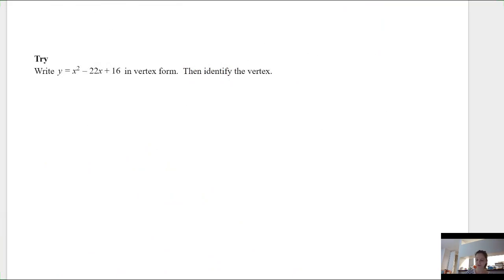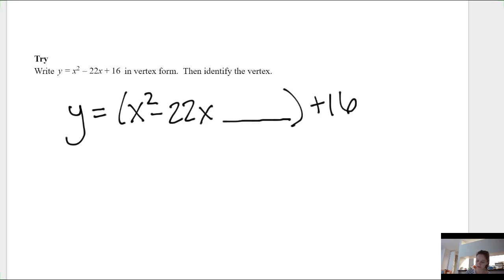Okay, I'm going to convert from standard form to vertex form. So I'll rewrite this as y equals x squared minus 22x, leave some space, plus 16. And I'll take half of negative 22 and square it, which is negative 11 squared, which is positive 121.